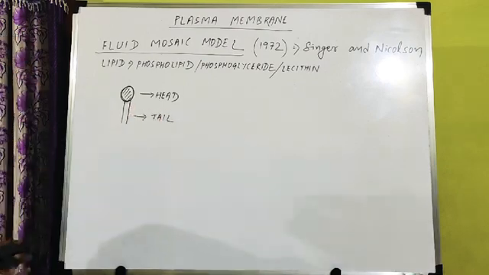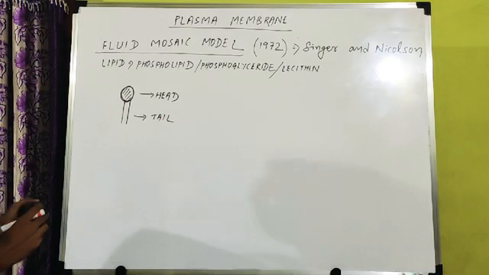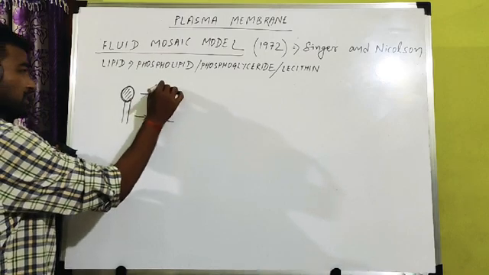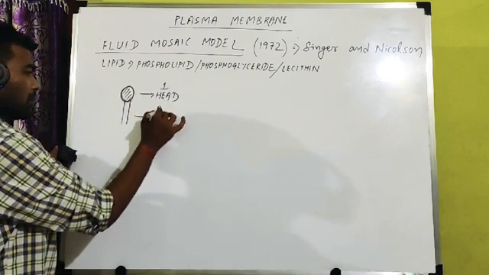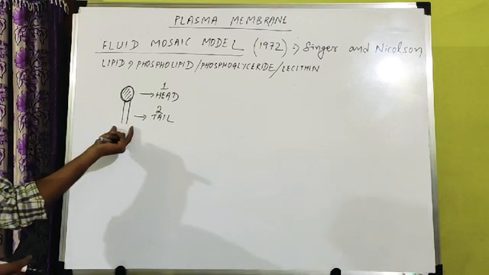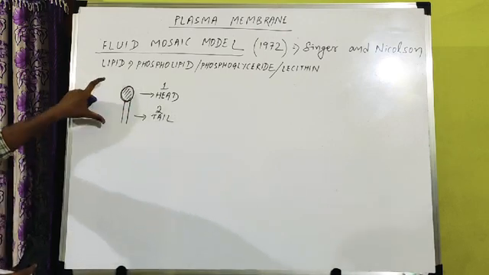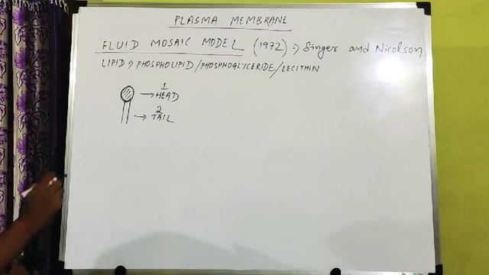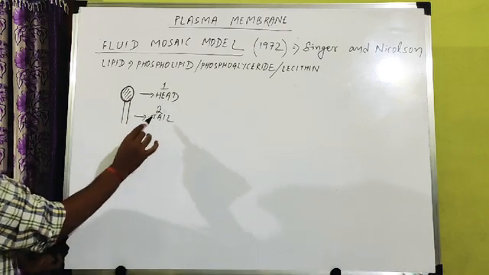So two parts are present, head and tail. But if you count the number, the head is only one, but the number of tails is 2. You can easily visualize here 2 tails. This is the picture of a phospholipid. Each phospholipid contains one head and 2 tails.